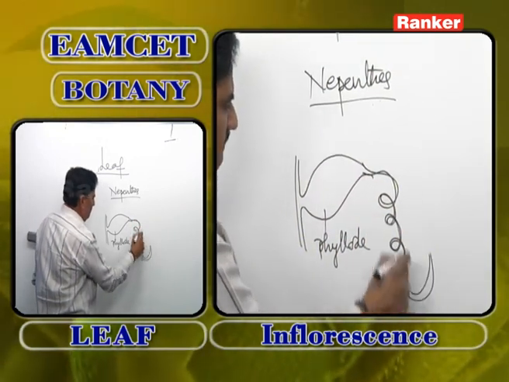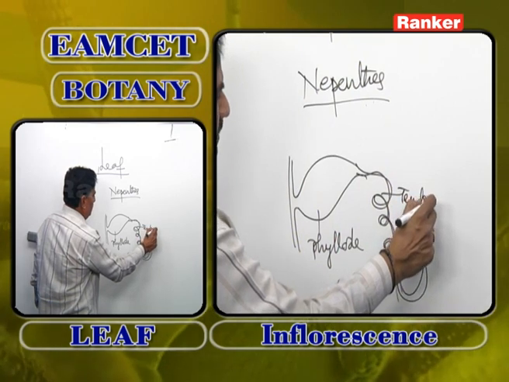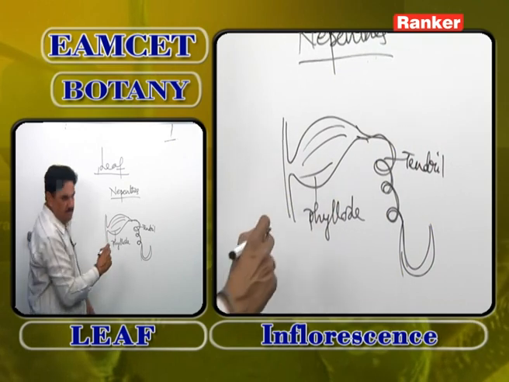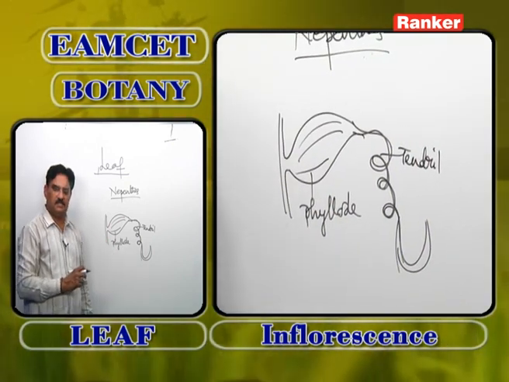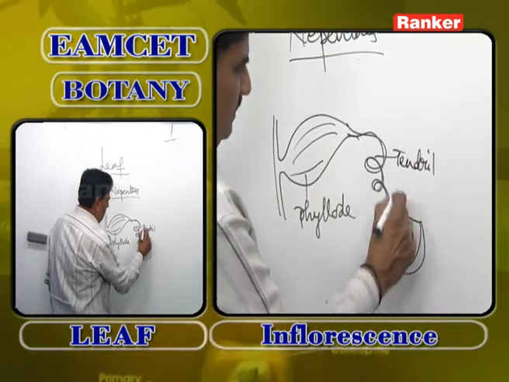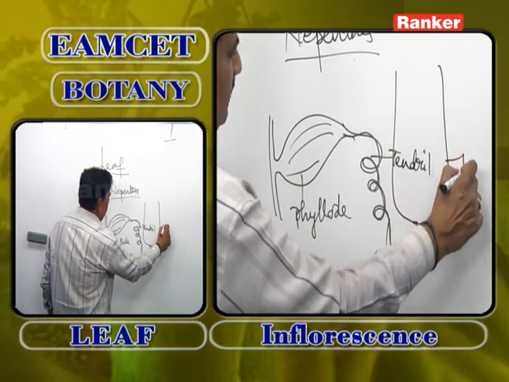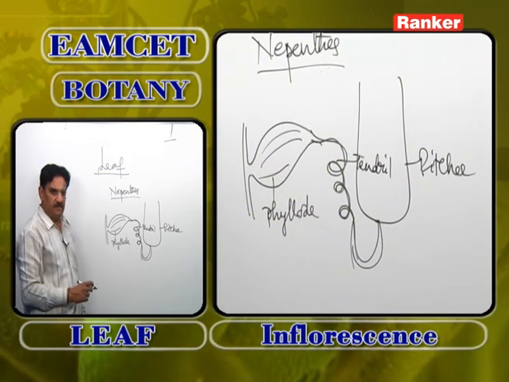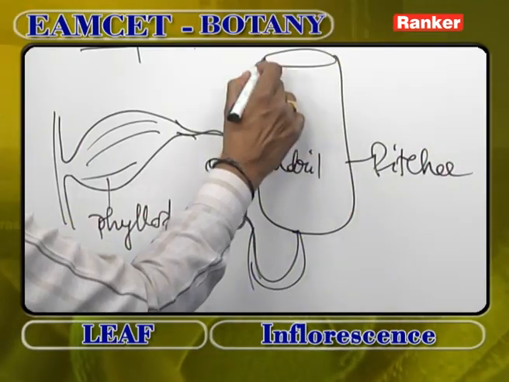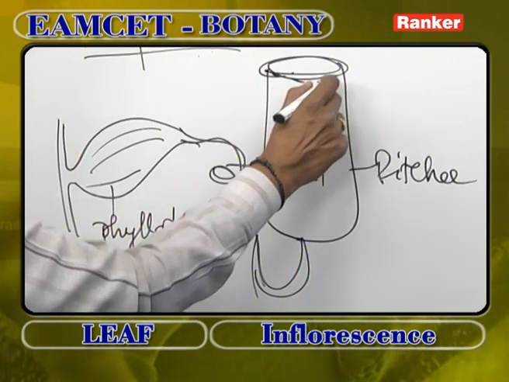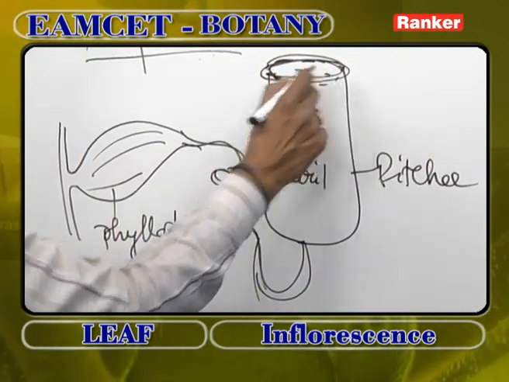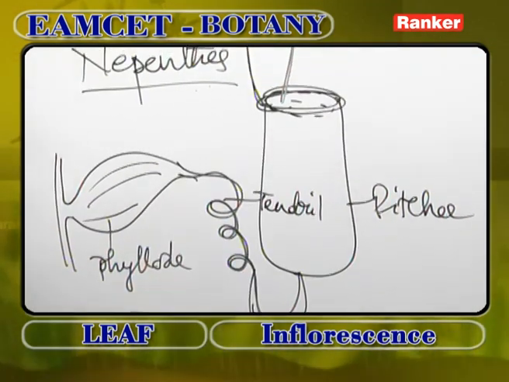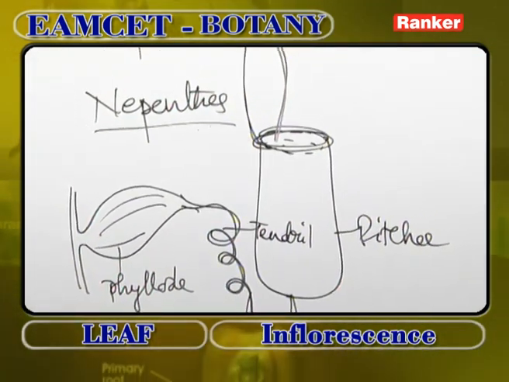Then the leaf lamina is modified into a cup-like structure called pitcher. The rim of the pitcher shows special nectary glands which secrete slippery juices. The leaf apex is modified into an immovable, colorful, attractive lid.